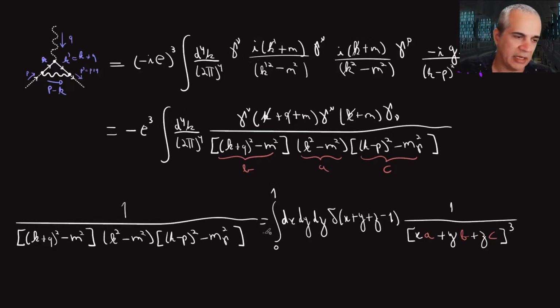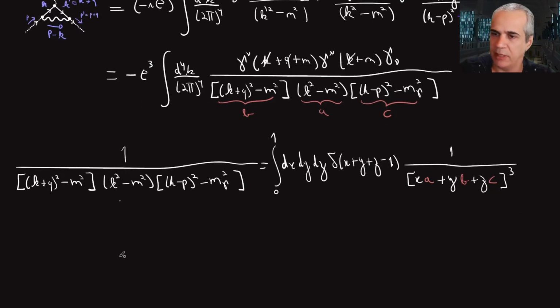Now I can simplify things a bit. I'll need to expand this denominator and complete the squares. So I want xA plus yB plus zC to be a complete square, and that I can get just by writing everything explicitly.